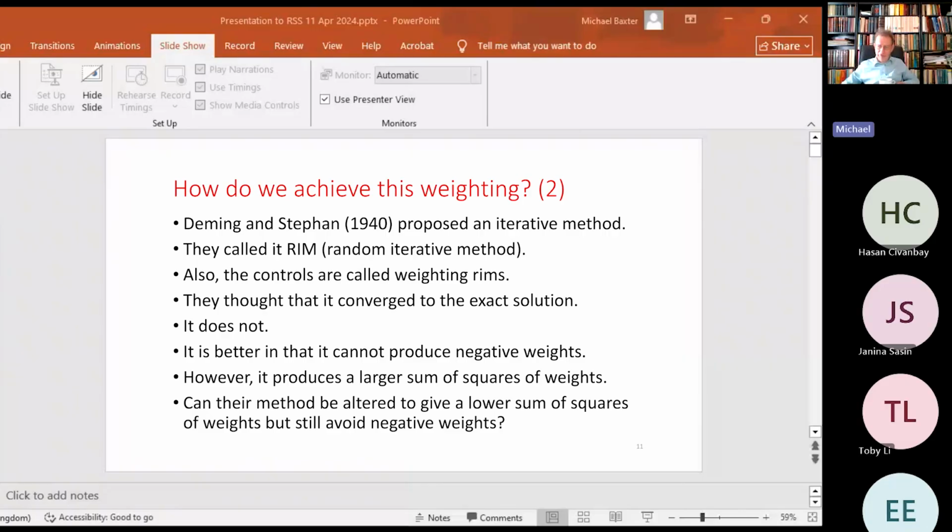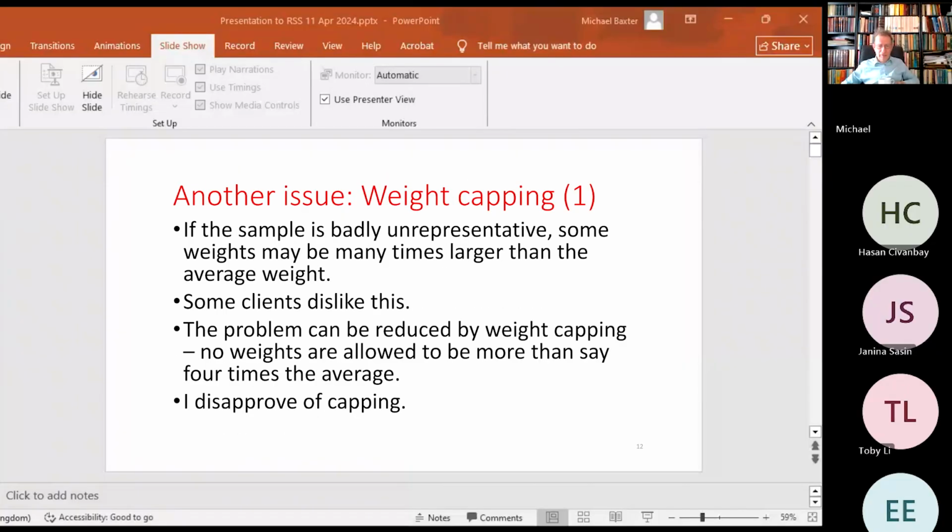Another issue that arises is that sometimes, if the sample is very badly unrepresentative, some weights may be many times larger than the average weights. And some clients don't like that. The traditional solution to that problem is weight capping, which is that no weights are allowed to be more than, say, 4 times the average weight.